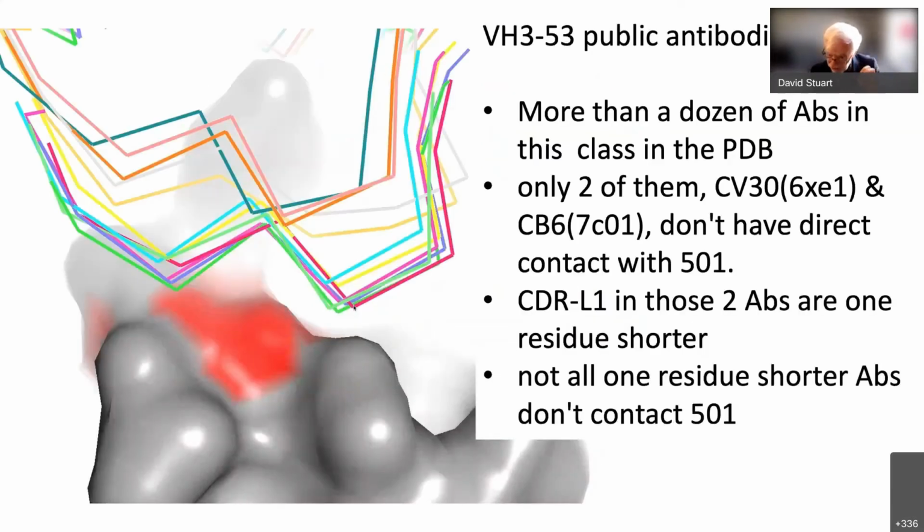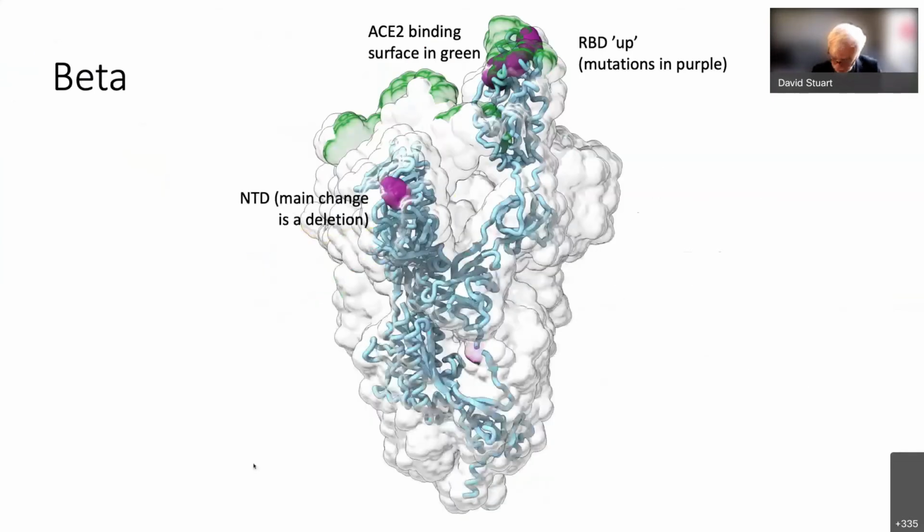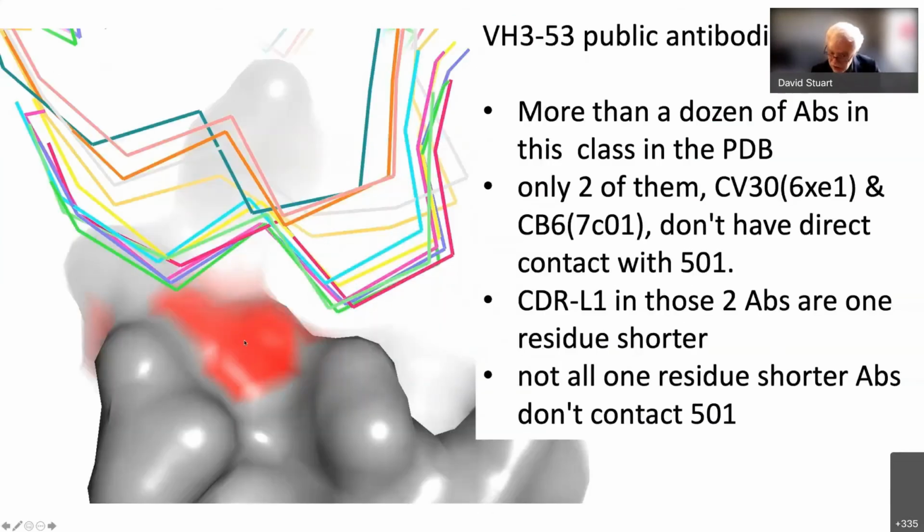And what's interesting is that this dominant public response of the VH3-53 antibodies is really crippled by this mutation at 501. And the reason why it's affected is that one of the light chain CDRs, the light chain CDR1, interacts with residue 501.